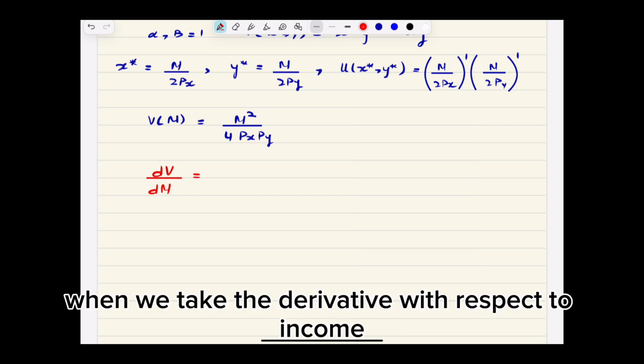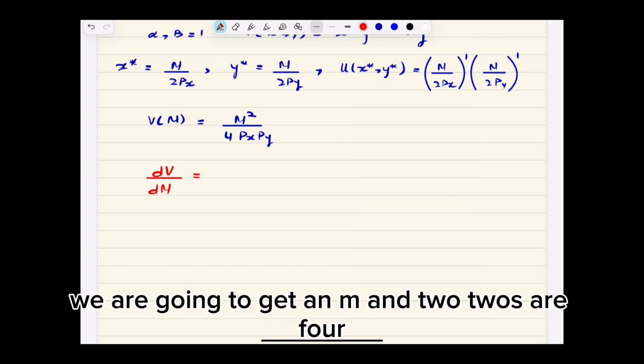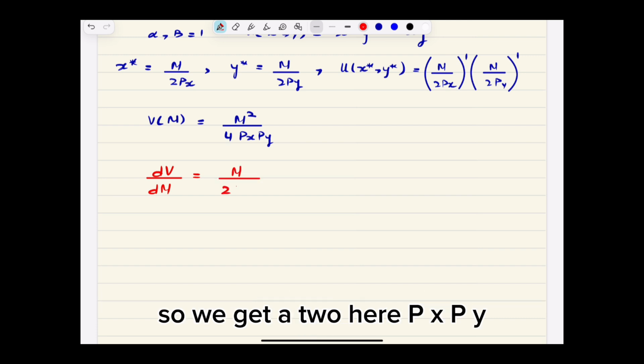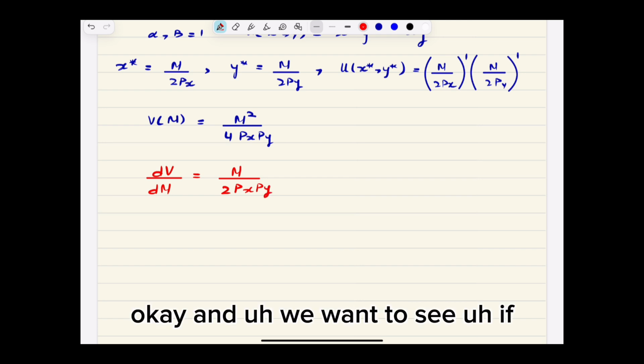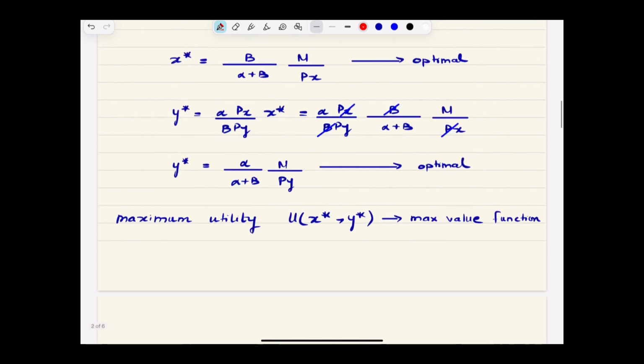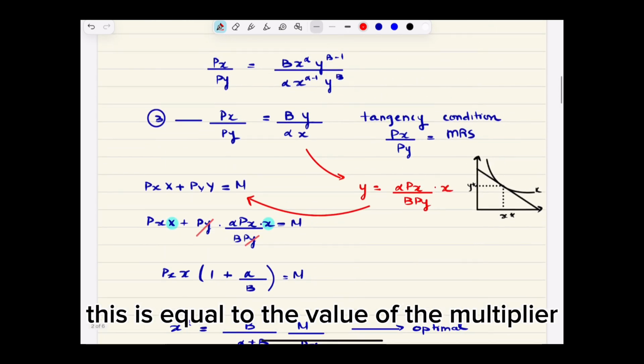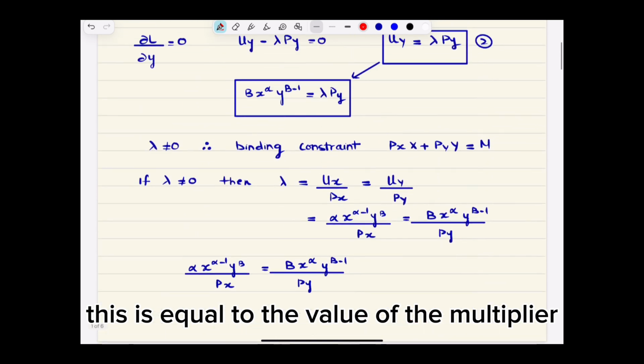And when we take the derivative with respect to income, we are going to get an m, and 2 2s are 4, so we get a 2 here, px py. Okay, and we want to see if this is equal to the value of the multiplier.